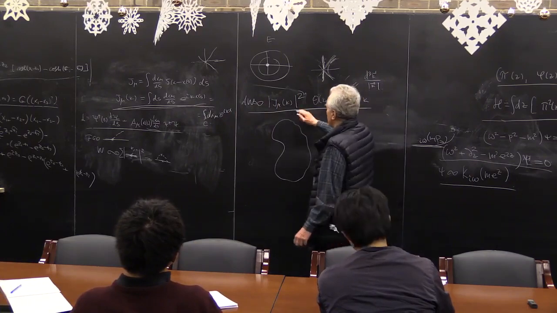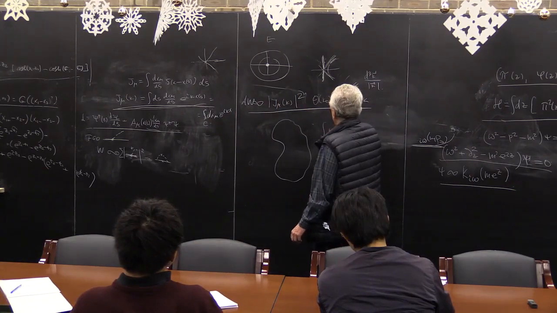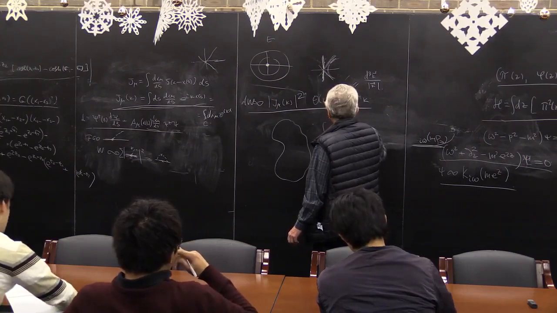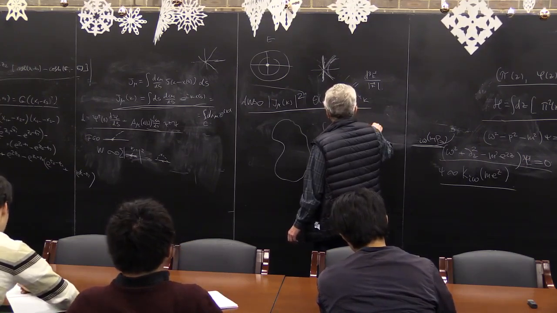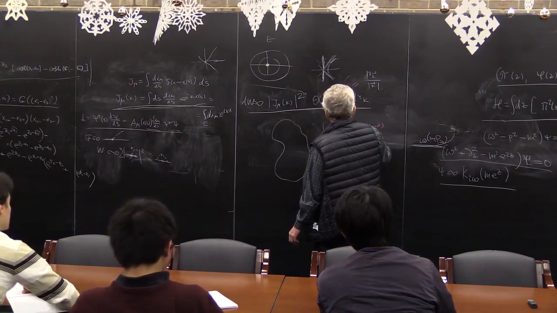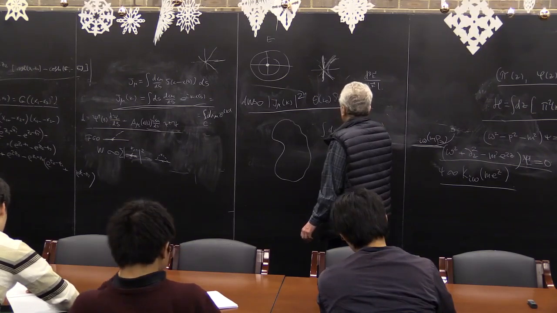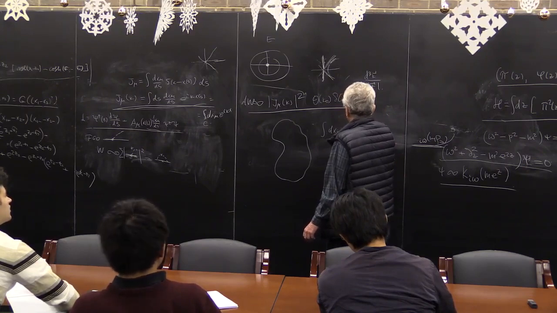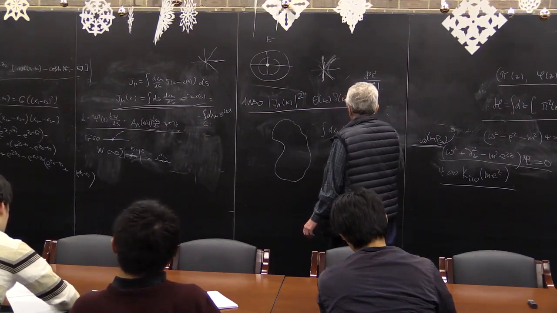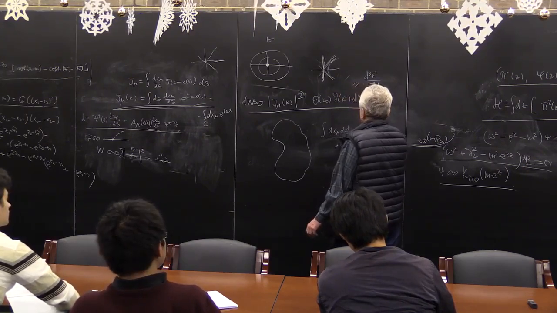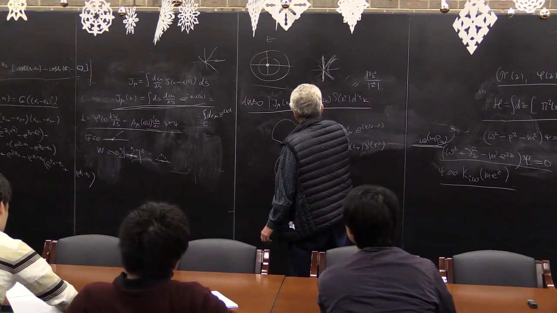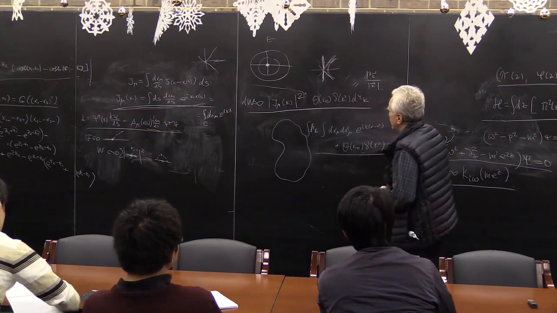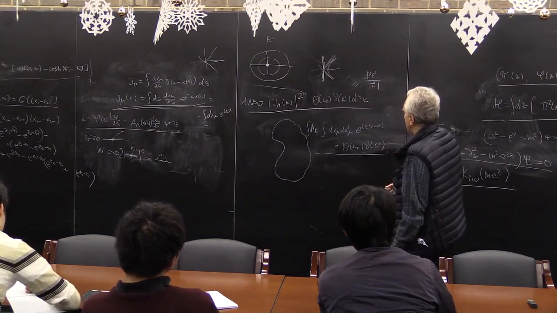Now, since you have the square, you have dx mu, dx prime mu, e to the ik(x minus x prime), multiplied by theta of k0, delta of k square, and let's integrate it over d4 k to get the complete amplitude.